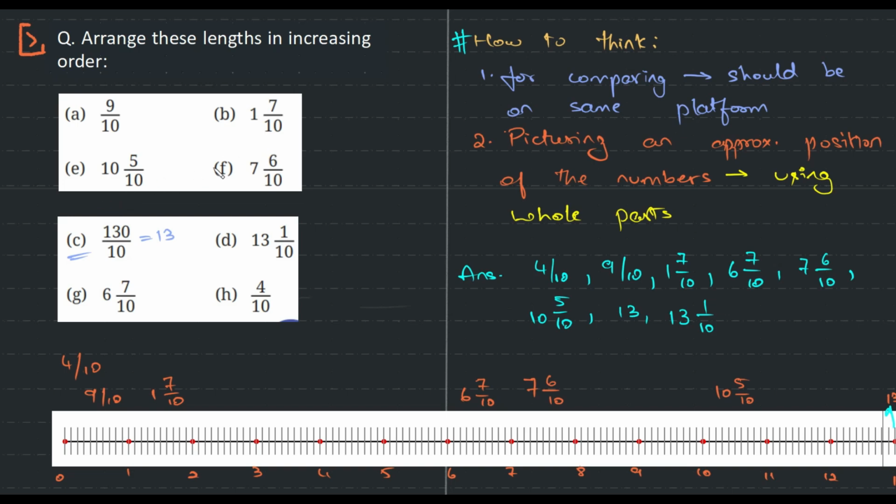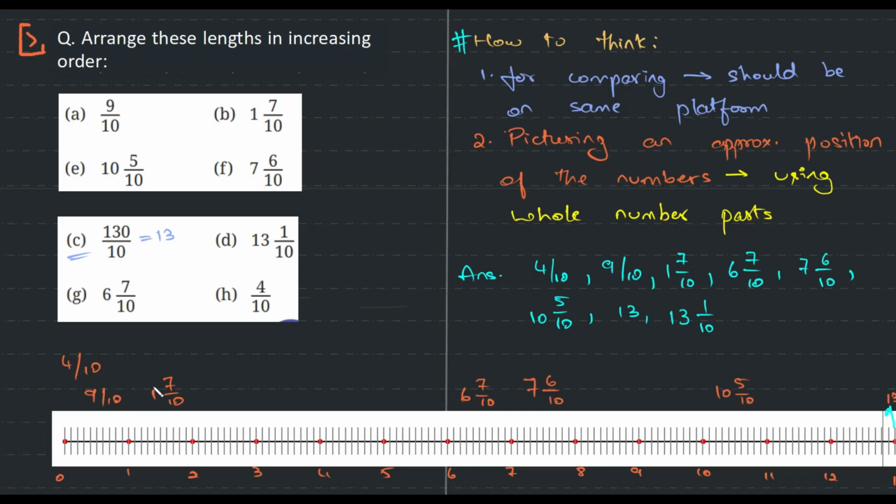How did I do that? I went with the whole number part. So whole parts is what I've written over here. This I meant is whole number parts. So clearly we have 1 which is lesser than 6, which is lesser than 7, which is lesser than 10, and 13, and so on and so forth.